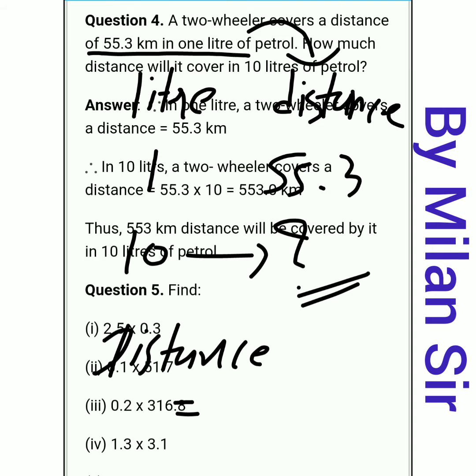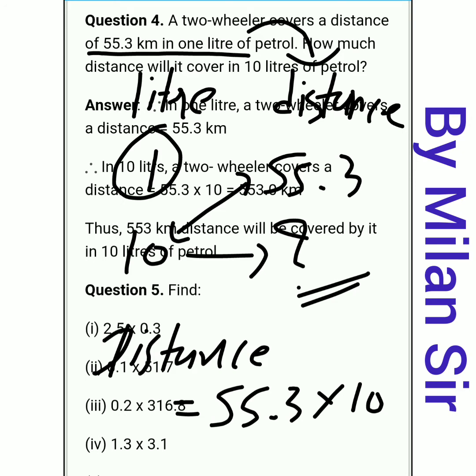Now how do we solve this table? We need to multiply these two numbers, that means 55.3 multiply 10, and we need to divide this multiplication by our first number. Right now it is 1, so we divide by 1.